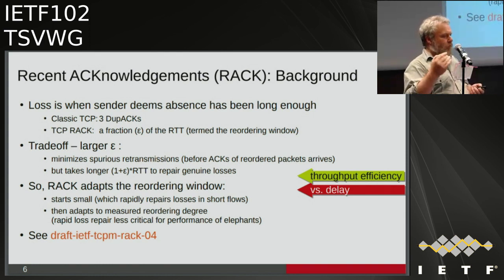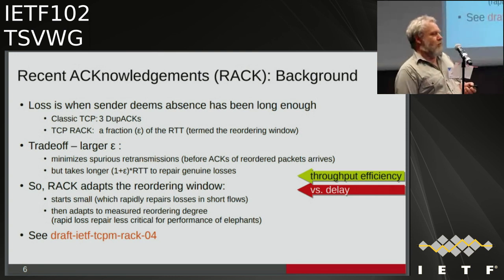That's where, before the ACKs of those packets arrive, you've done a retransmission, and then you discover you shouldn't have done. However, of course, it will take longer to repair genuine losses, where longer is 1 plus epsilon times the round trip time, because it always takes a round trip time at least to repair a loss, because you've got to discover it, and then you've got to wait this extra epsilon. So you don't want epsilon to be too long, otherwise your losses take too long to repair, but you don't want it to be too short, otherwise you do too many retransmissions and waste bandwidth.